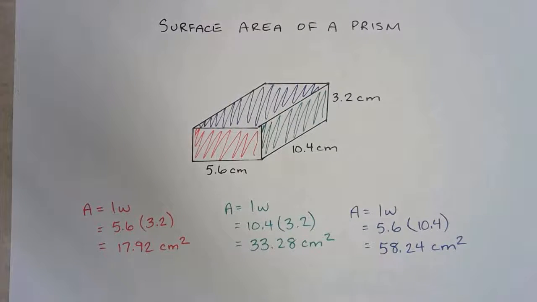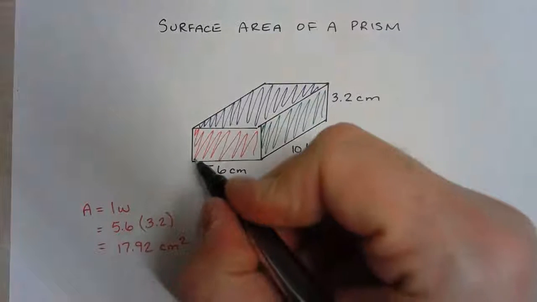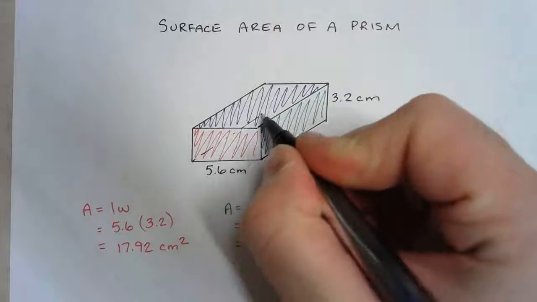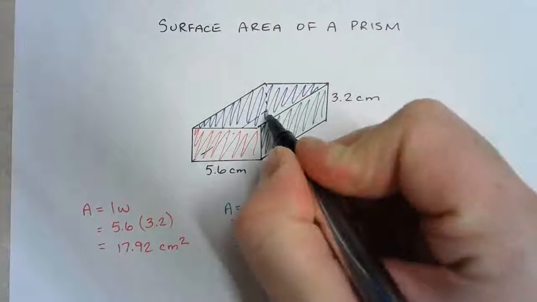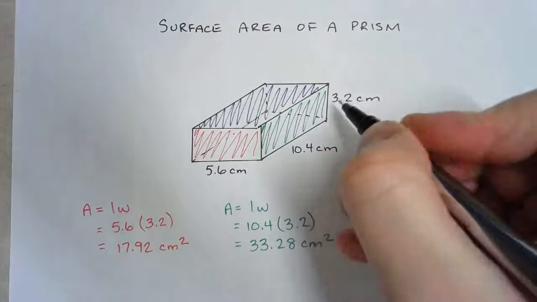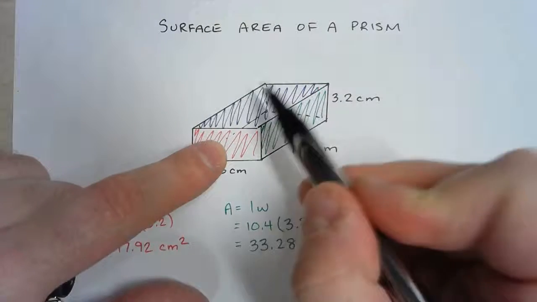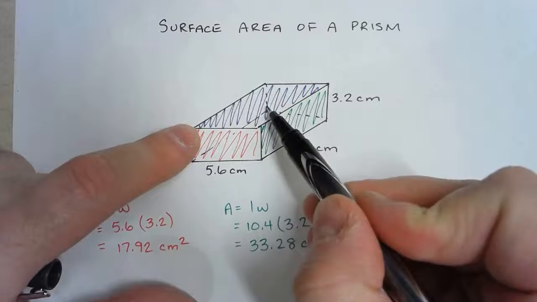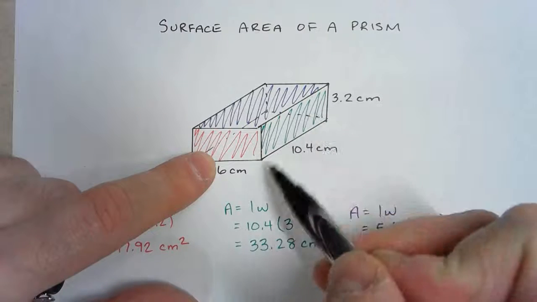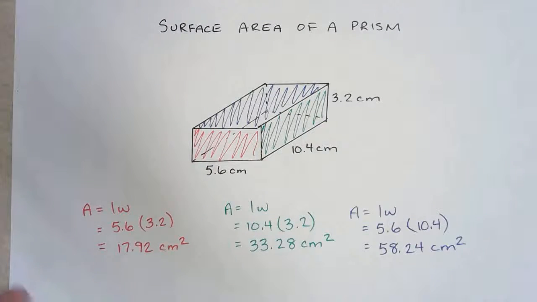So now that I've got these three, I can't just simply add them up, because as we know with models of 3D shapes, if I were to sketch in the missing lines, the imaginary lines that we can't see, we can see that there would be another red face in the back, another green face over here, and then another blue face on the bottom, all of equal size.